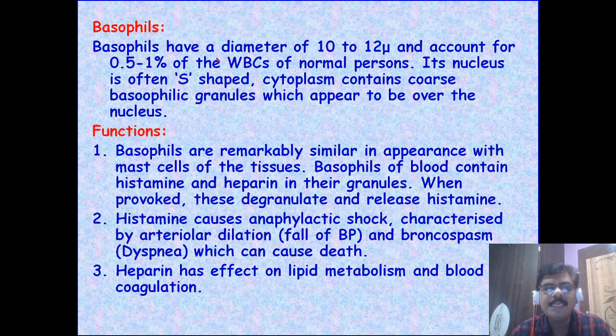Its nucleus is often S-shaped or bean-shaped, and the cytoplasm contains basophilic granules which appear to lie over the nucleus. Basophils are remarkably similar in appearance to the mast cell, and contain histamine and heparin in their granules, and they degranulate and release histamine during allergic reactions.